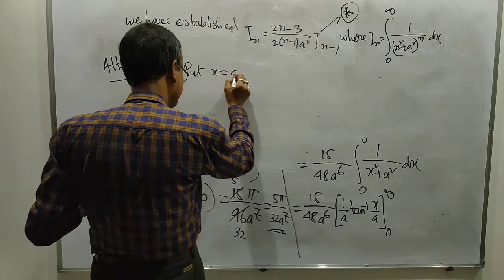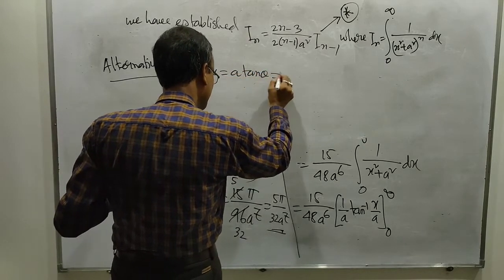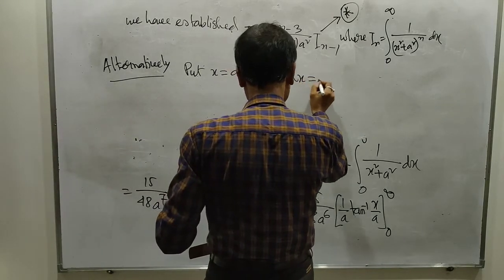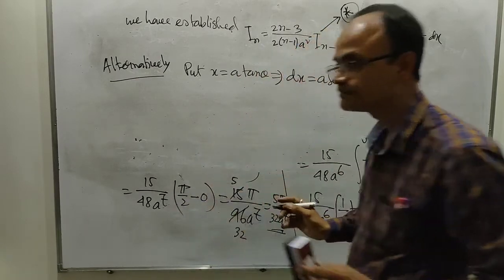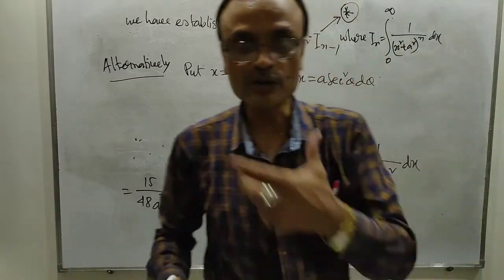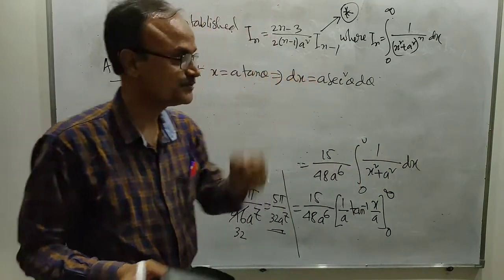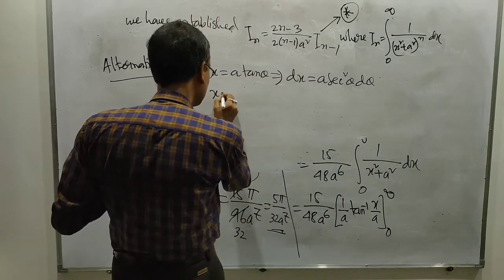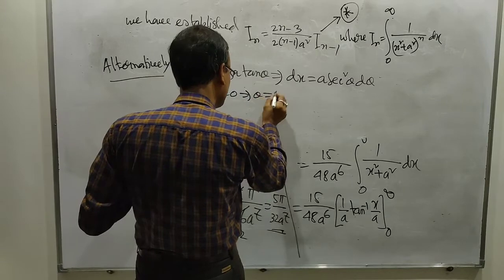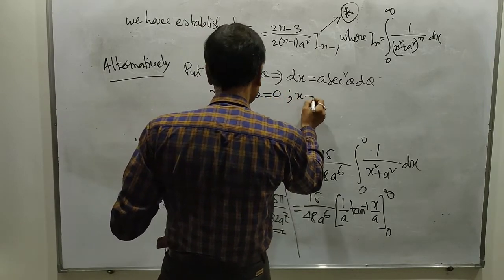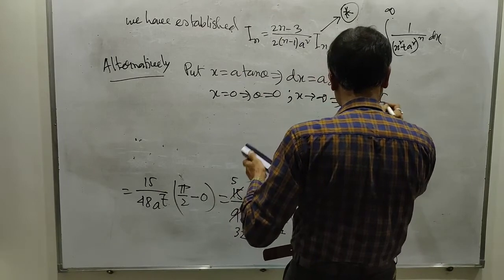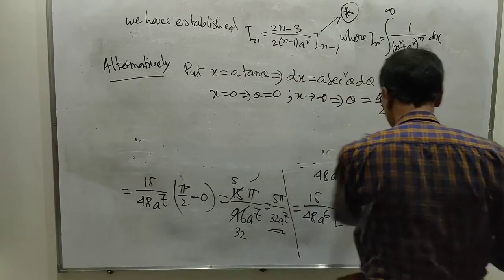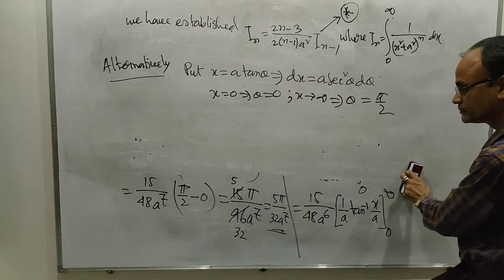Put x equal to a tan theta. This means dx will be equal to a sec square theta d theta. X equal to 0 implies theta equal to 0. X tends to infinity implies theta equal to pi by 2.